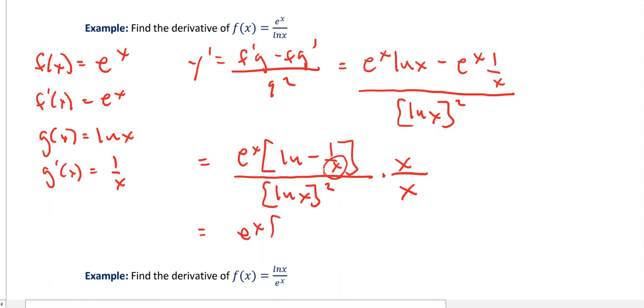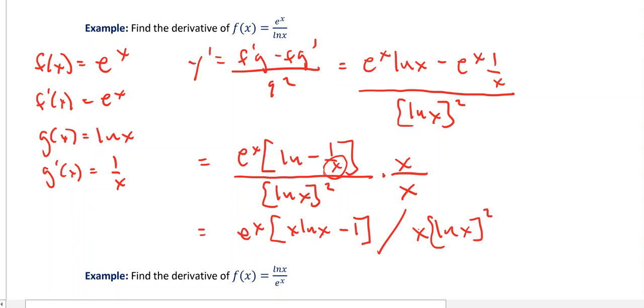So I'm going to have x log of x minus, and we multiply that x times the 1 over x, minus 1. And then in the denominator, we're going to have x log of x squared. So what I did was I got rid of the complex fraction.